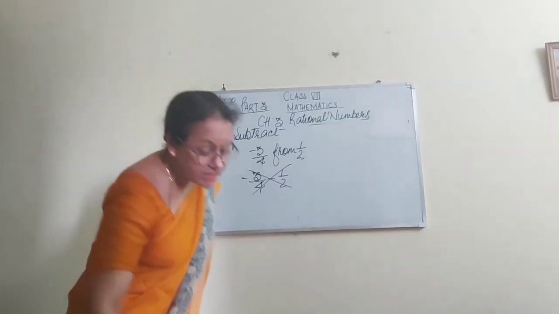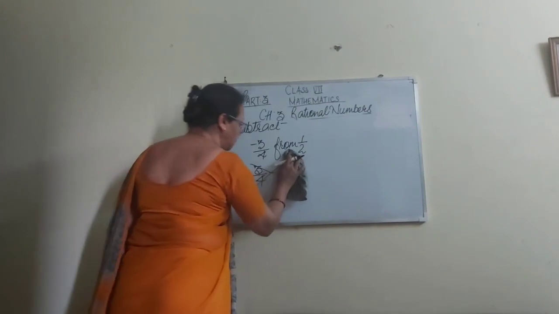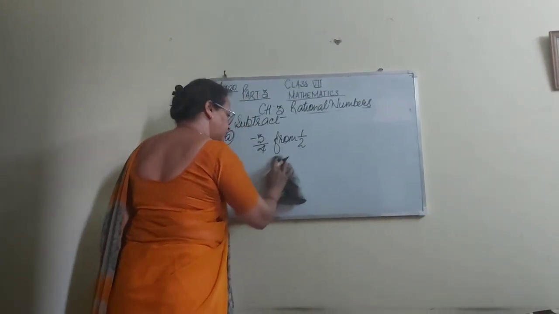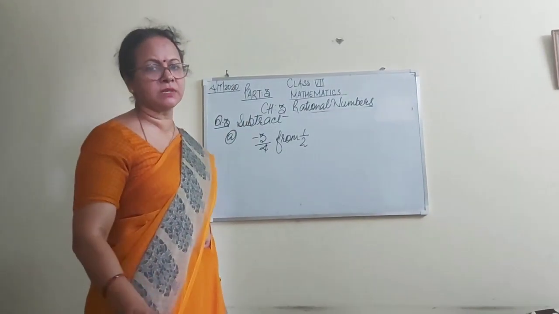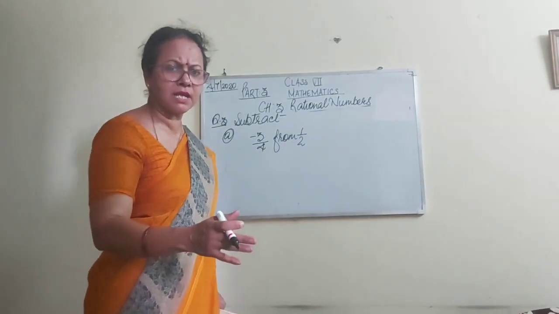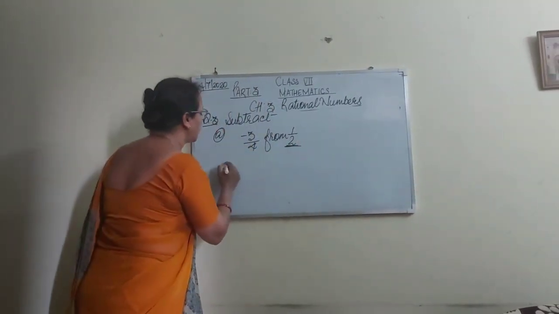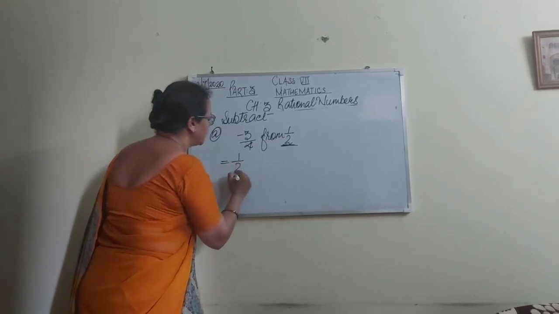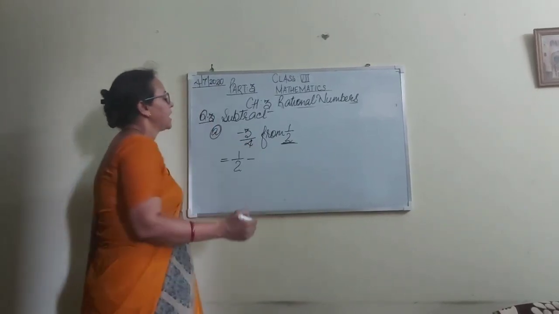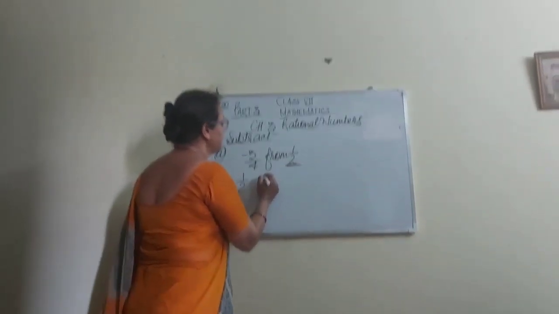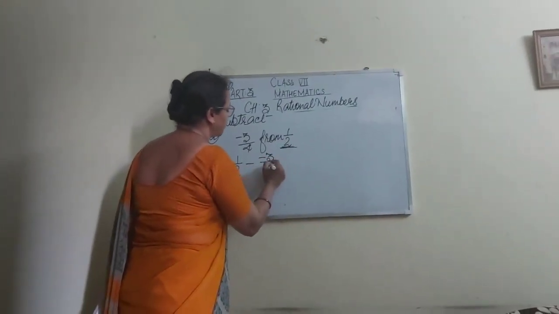Whatever is written after the "from", you people most of the time make this mistake, so try to avoid this error. Whatever is written after "from", we have to write down first: 1 by 2. And then subtraction is there, so we put a minus sign and this is minus 3 by 4.